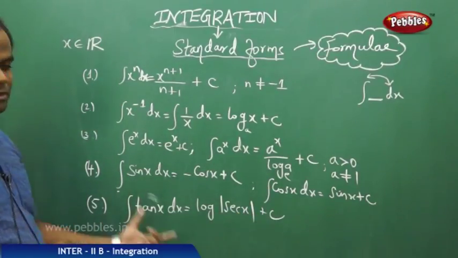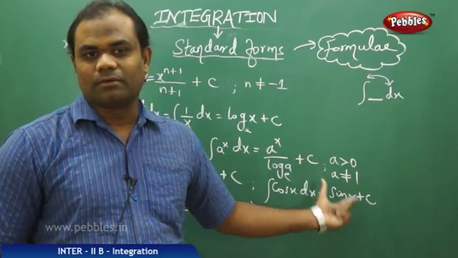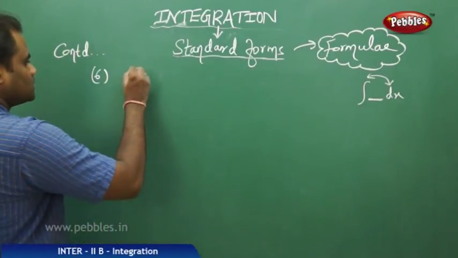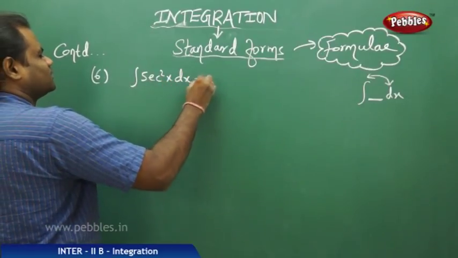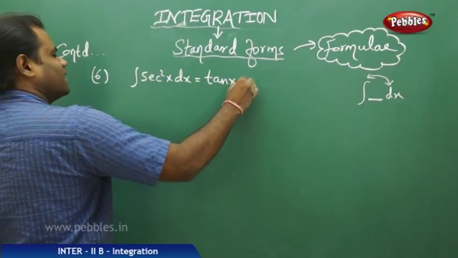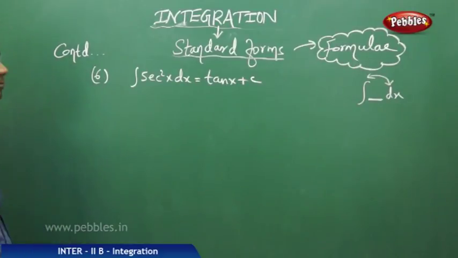And then comes the next formula continued from the session. Next is integral secant square x, which is tan x plus c.